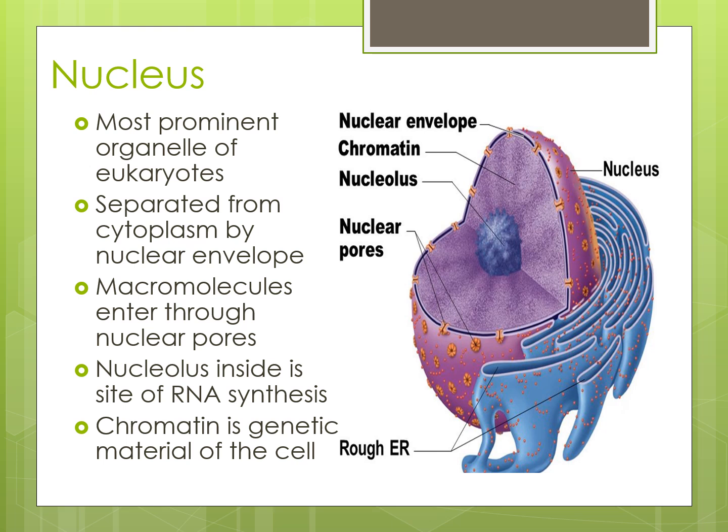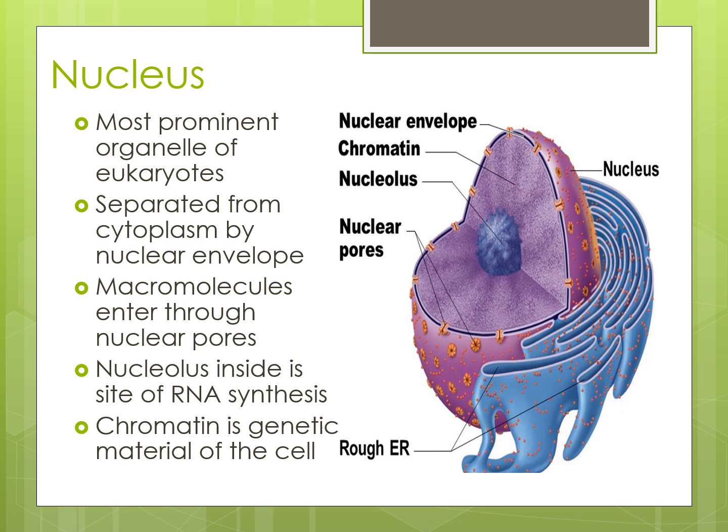It is separated from the cytoplasm by the nuclear envelope. And this envelope is going to be important because it's going to be containing pores so that macromolecules and ribosomes and things can enter the nucleus or exit the nucleus. The nucleus is going to be the site of RNA synthesis.